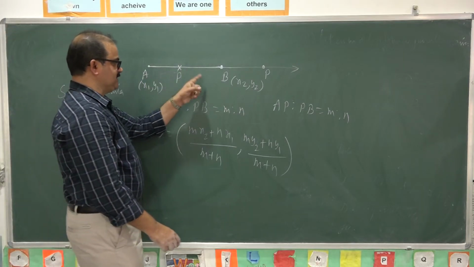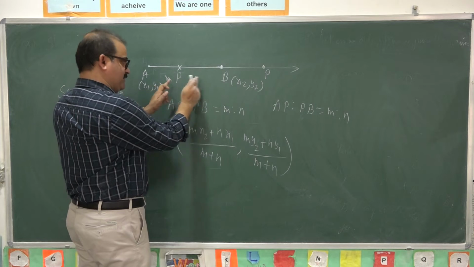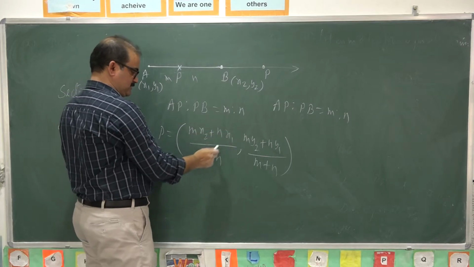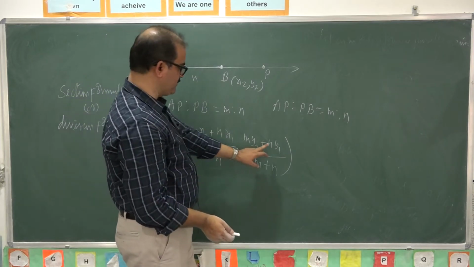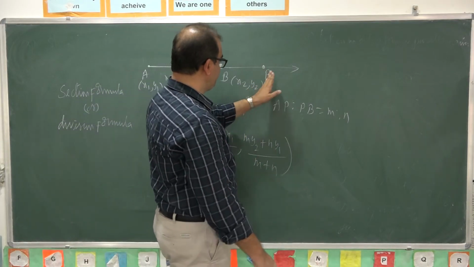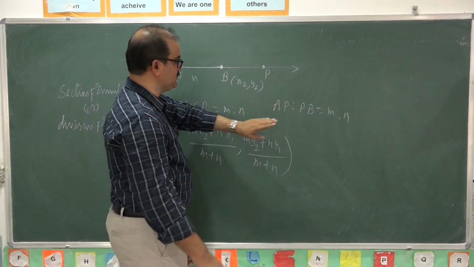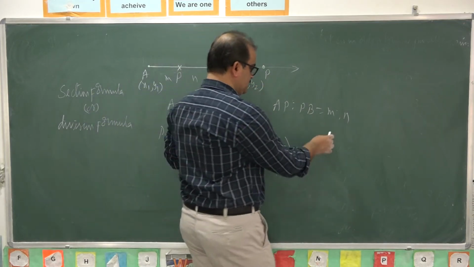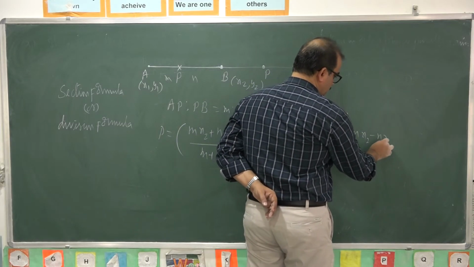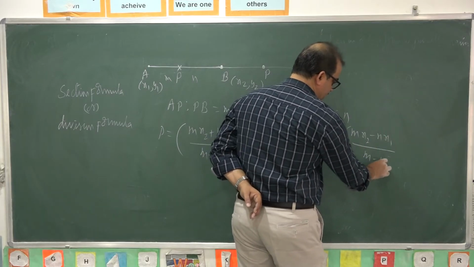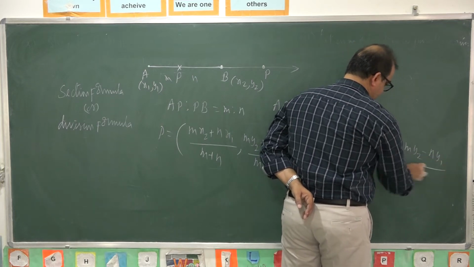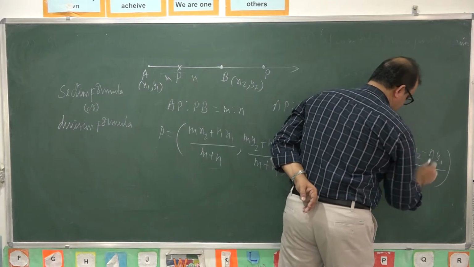If P divides AB in the ratio M is to N internally, then the coordinates of P are (mx2 plus nx1) by (m plus n), (my2 plus ny1) by (m plus n). Next, if P divides AB externally in the same ratio M is to N, then the coordinates of this P are (mx2 minus nx1) by (m minus n), (my2 minus ny1) by (m minus n).